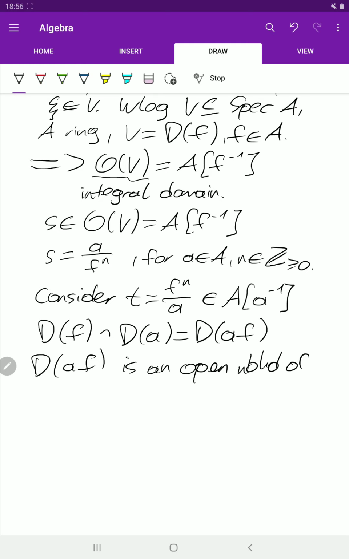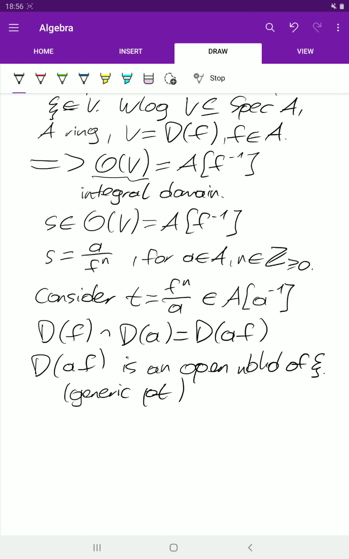We have this generic point xi, and as it's the generic point, it's in all these open sets.